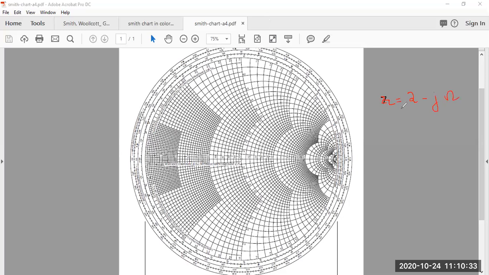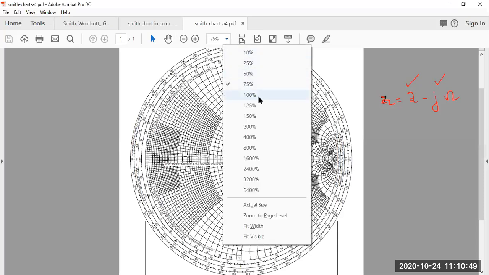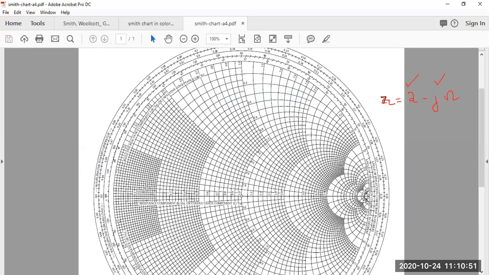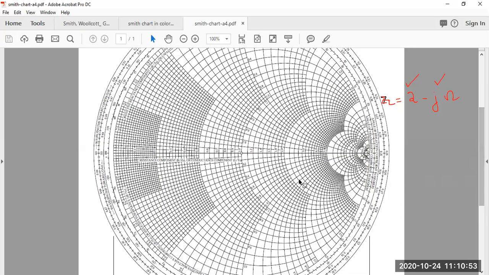We need to find a resistive circle for 2 and a reactive circle for minus 1. So where is the resistive circle for a value of 2?